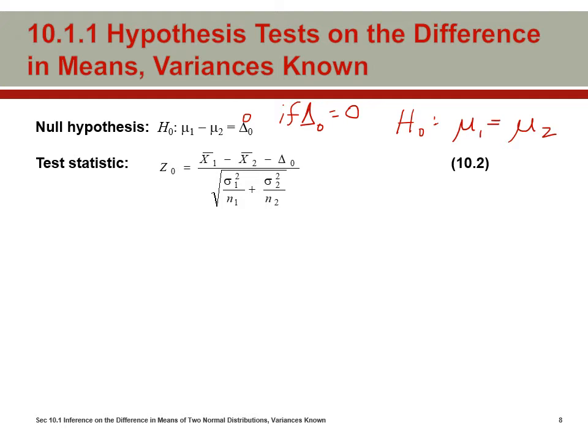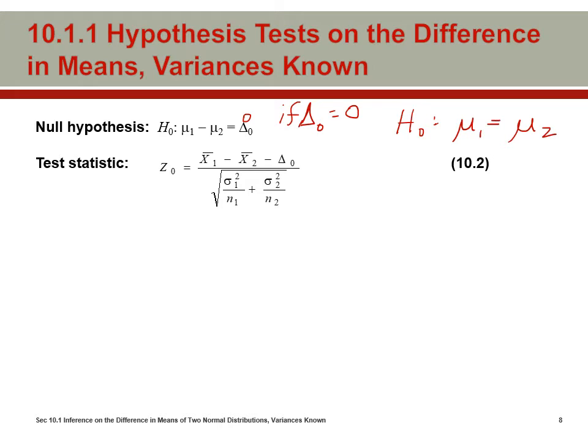Now, you don't have to have the delta of 0. You could be testing if the strength between two populations is at least 5 psi better. You may be testing if the speed is at least 40 miles per hour more. So if you have a number that you're trying to test the difference in, then that would be your new delta instead of just is there a difference of 0.